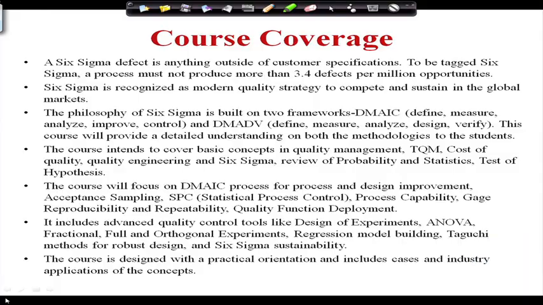So, you can see it is just like approaching 0 defect, but statistically we would say 3.4 defects per million opportunities. If your process can achieve this, then your process is called Six Sigma.